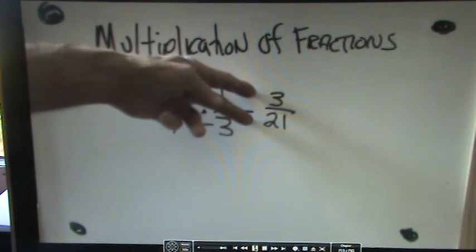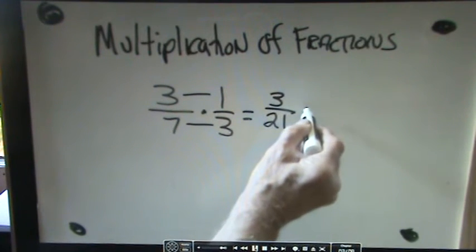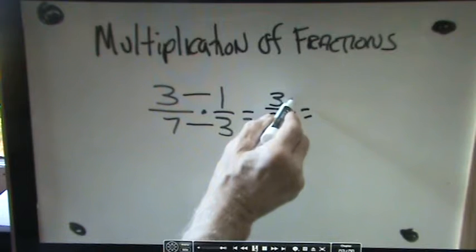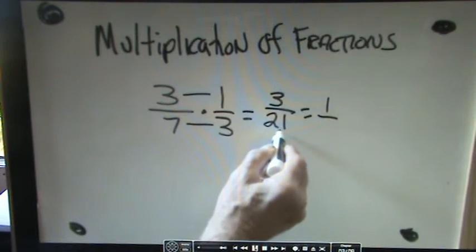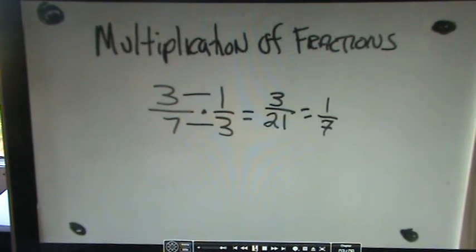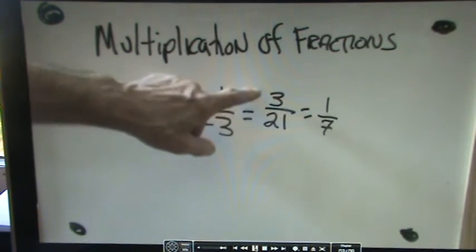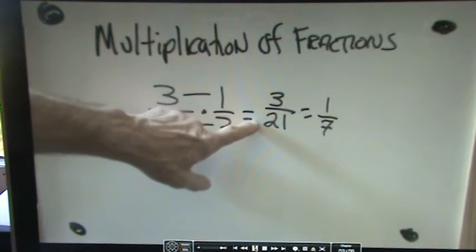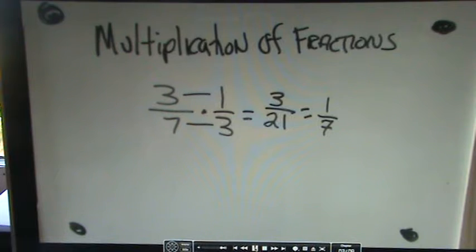Well, this is a proper fraction, so we don't have to change it, but it's not in its lowest name. It's not in its lowest name because 3 can go into 3 one time, and 3 can go into 21 7 times. So 3/7 times 1/3 is equal to 3/21, and then we have to reduce it to its lowest name, 1/7. And that's all there is to multiplying fractions.